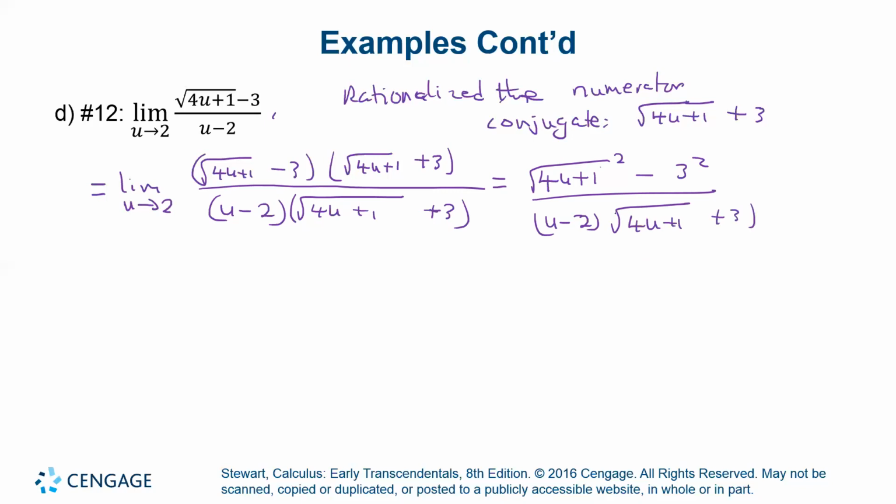Okay, so let's see what happens to the numerator. The numerator will just be 4u plus 1 minus 9.